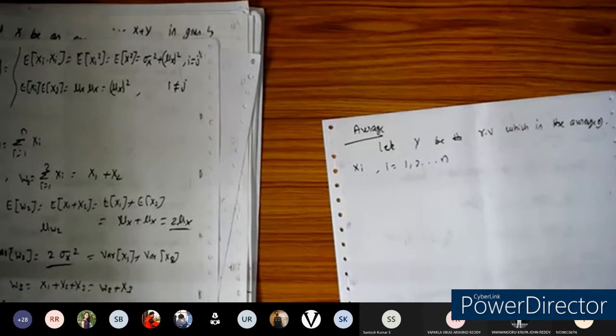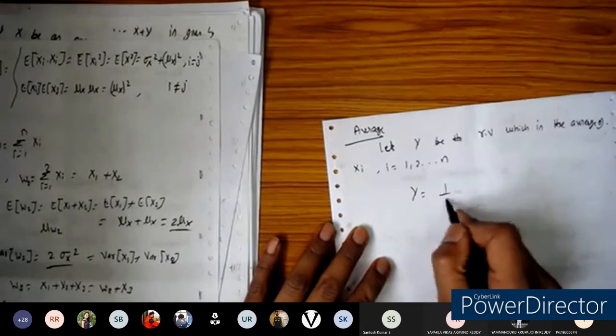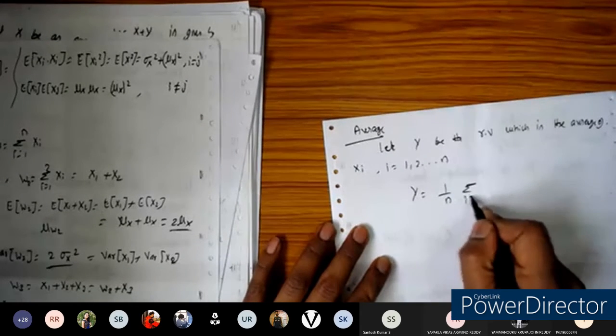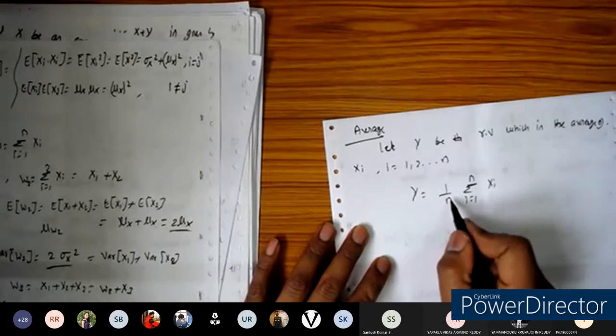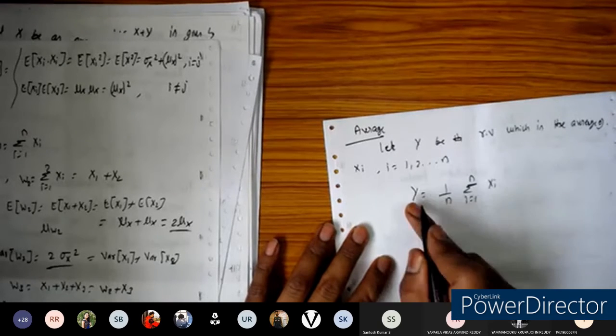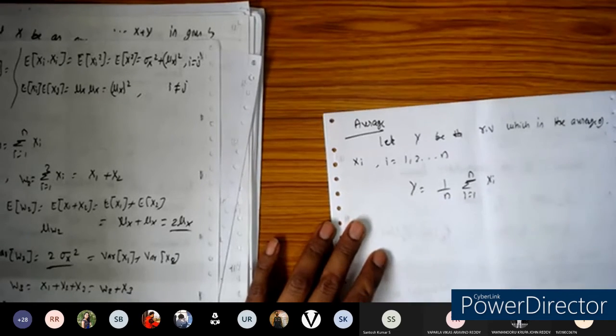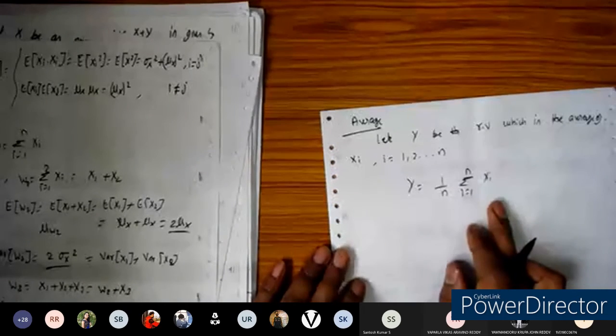So I take the summation from i equal to 1 to n of Xi, and dividing by the number, this becomes the average of all the random variables, considered as the random variable Y.